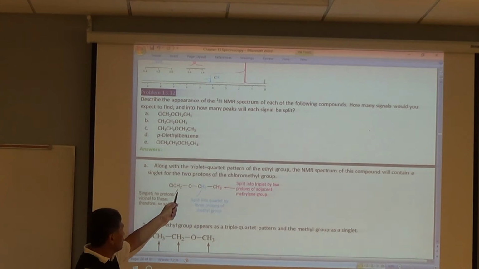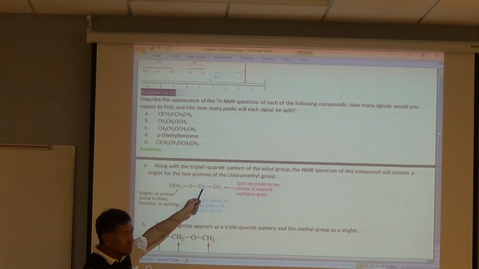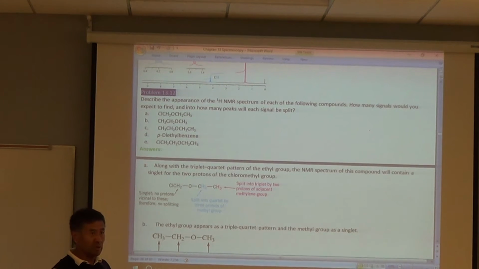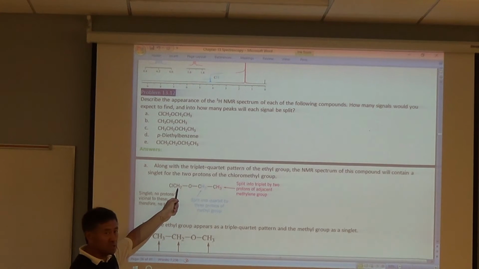Now here you have this C2. This C2 will actually be a singlet, because the nearby H2 is 4 chemical bonds away. So 4 bonds away, this 2H will not split the signal of that 2H.